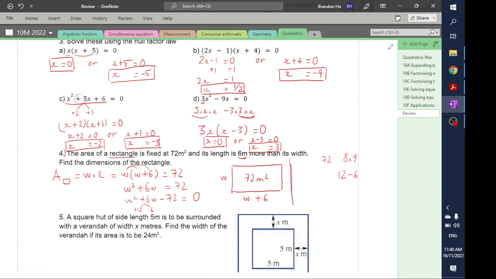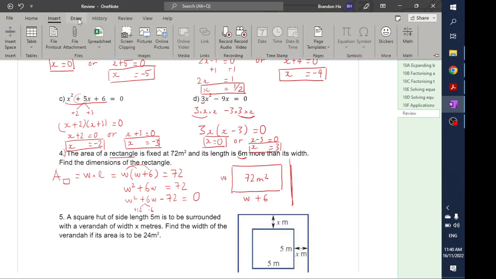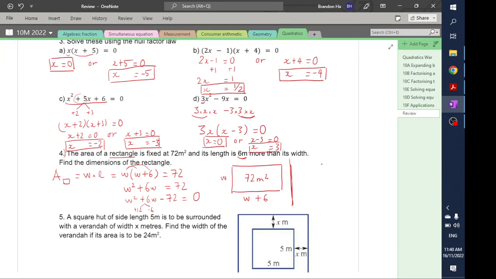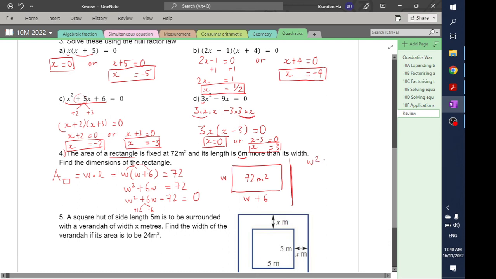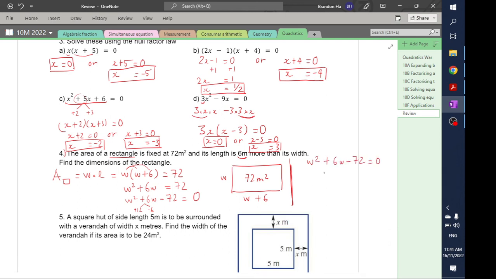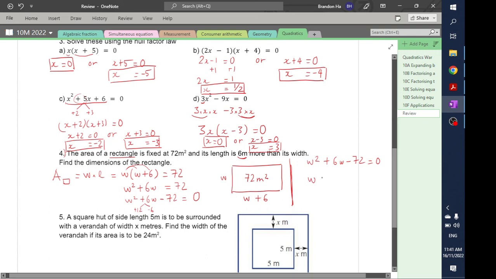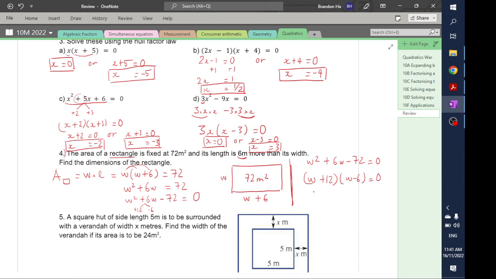Okay, so let's write it over here. Width squared plus 6 width minus 72 equals 0. So we get (width plus 12) times (width minus 6) equals 0, right? So width plus 12 equals 0, or width minus 6 equals 0.